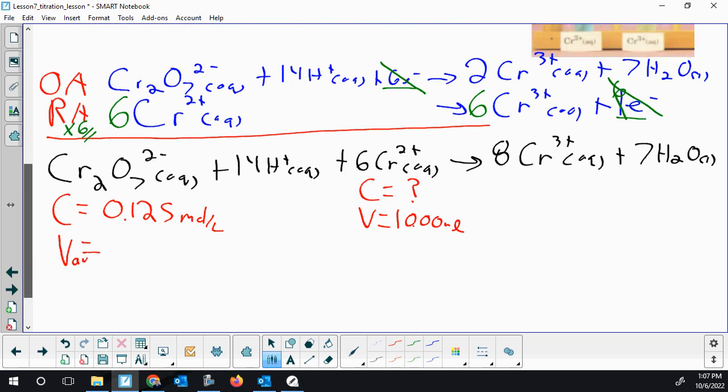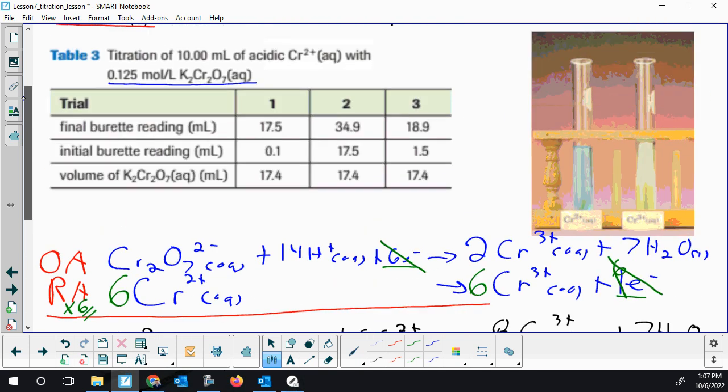We've got all these titrations, and we can get the volume average of dichromate that was used. So this is a titration. We have V initial and V final in a burette. The dichromate was up in a burette. The 10 mil sample of chromium ions was down below in an Erlenmeyer flask. And he used a pipette to transfer that 10 mils. Okay. So let's get that V average.